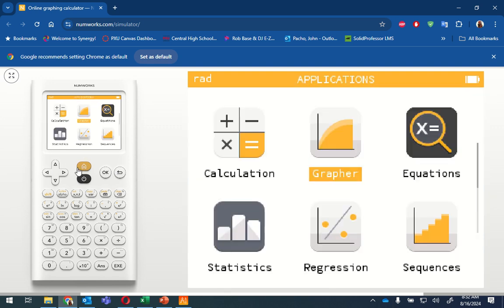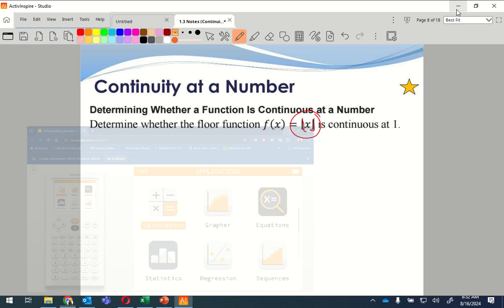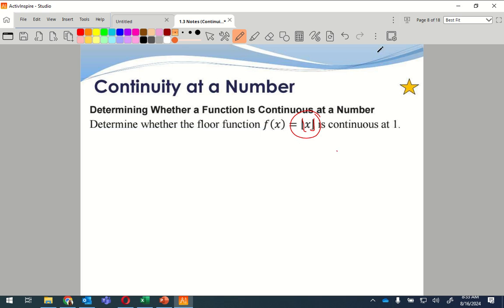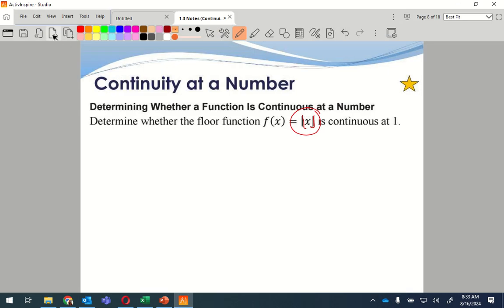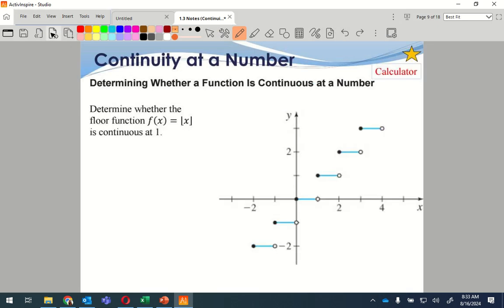Dang it. Alright, so apparently this one doesn't have it. I think I actually, did I put it in the graph for the next one? Actually, I did, dang. Okay, I'm pretty smart.